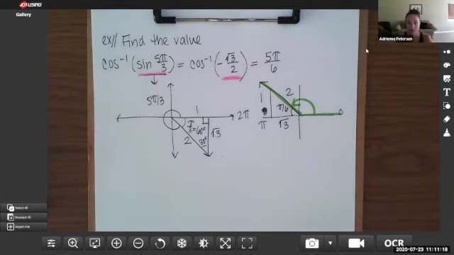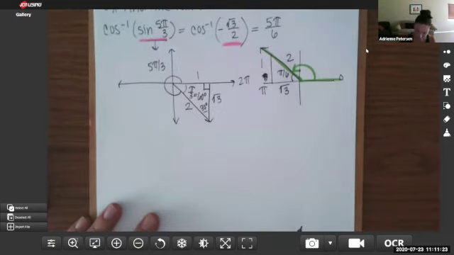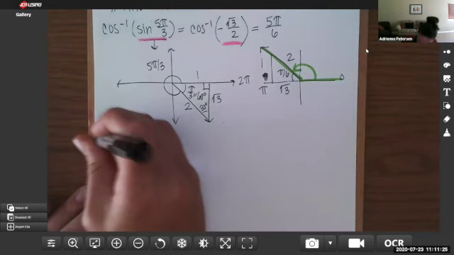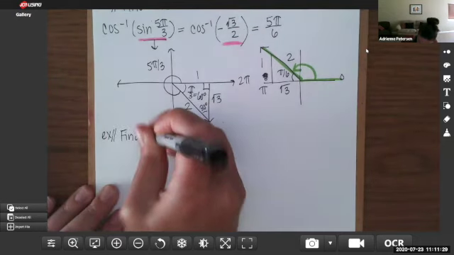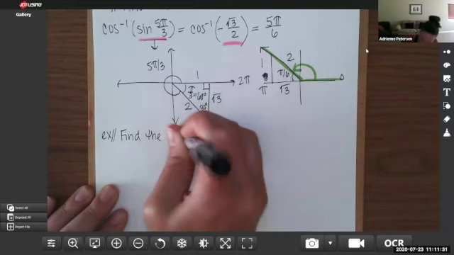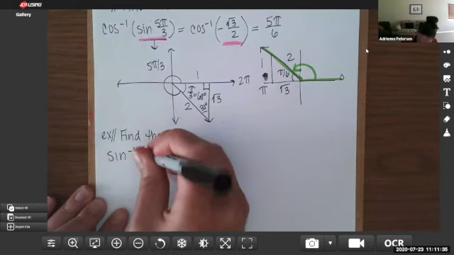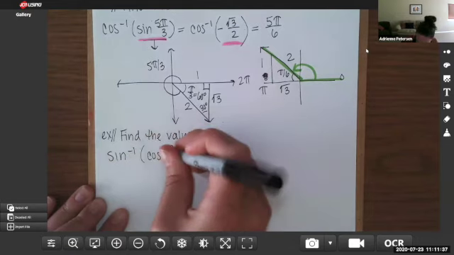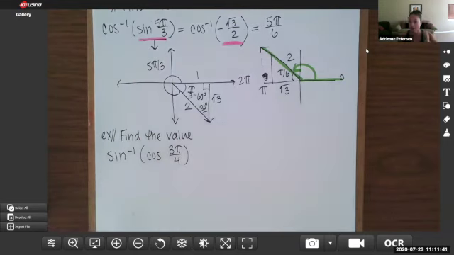Okay, let's do one more of this type. Inverse sine of cosine of 3 pi over 4. Okay, so again here, we have the inverse function on the outside.